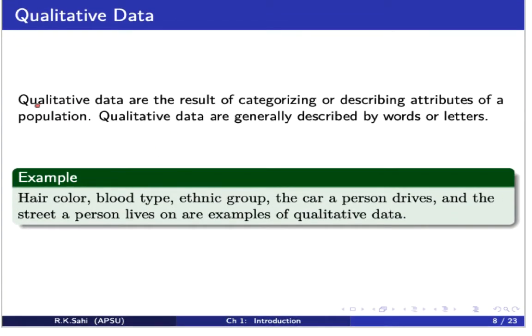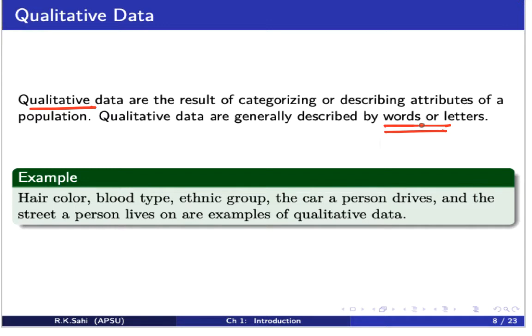We begin with qualitative data. Now, how does this happen? It happens as a result of categorizing or describing the attribute of a population or sample. Now, they are generally described by words or letters. So when you think of qualitative data, this is not numbers. It's the easiest way to remember: no numbers involved.